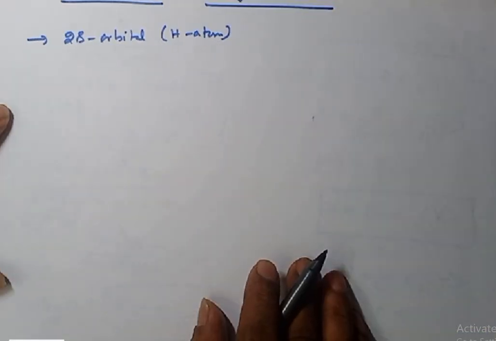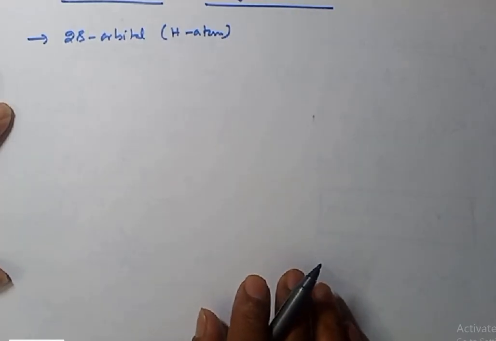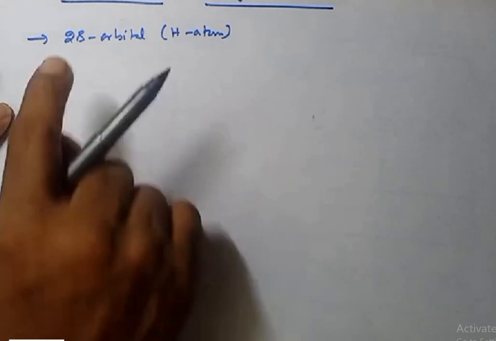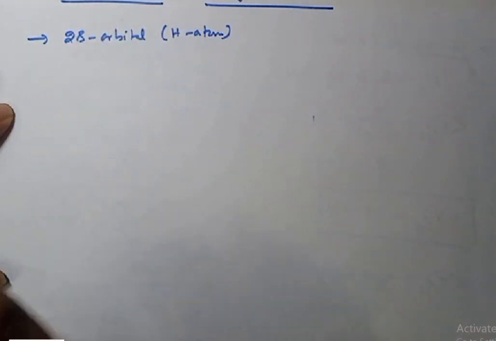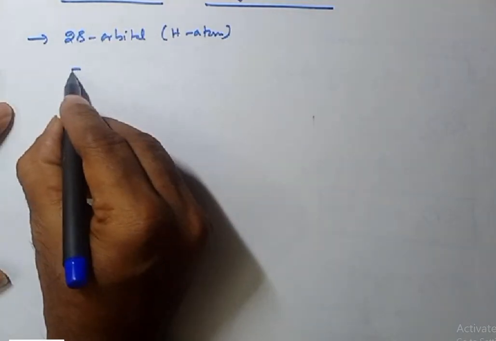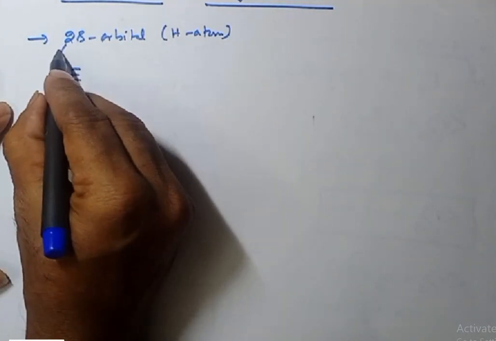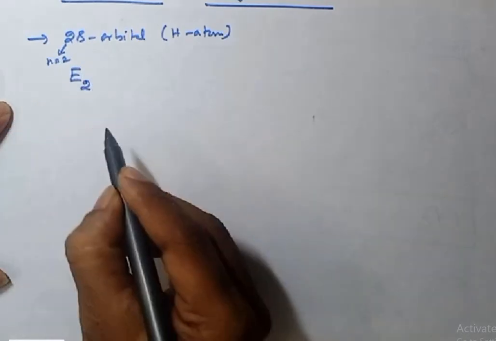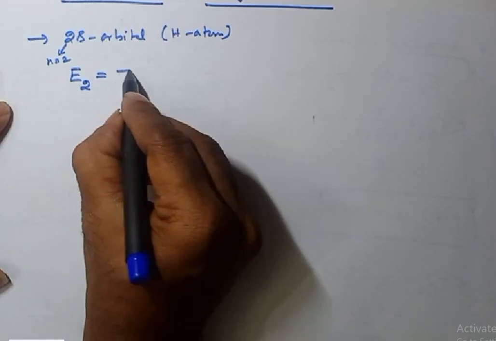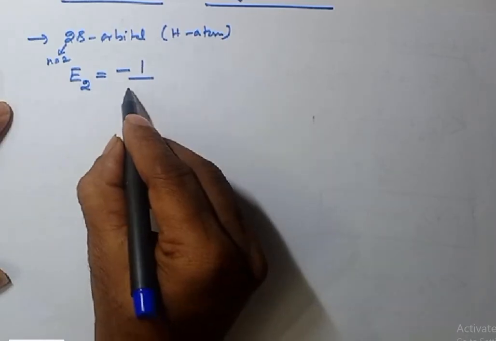So now we need to find the average potential energy and average kinetic energy of the electron in the 2s orbital of the hydrogen atom. This is how to do that. First we calculate the total energy for the n equal to 2 level.